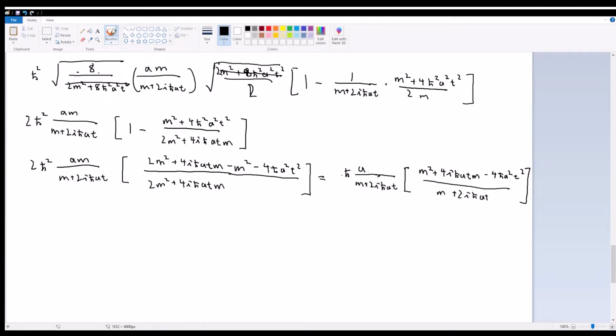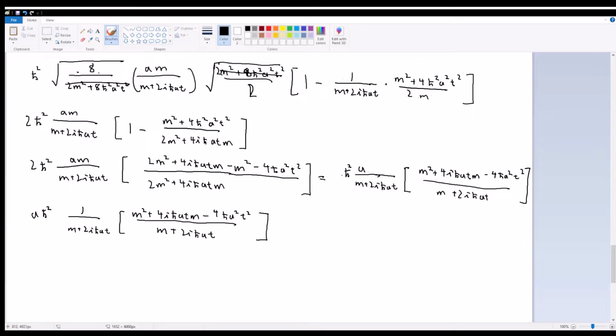Also, I just realized I left out a squared on my h bar. Okay, so let's see. We have a h bar squared at the front, and then we have 1 over m plus 2i h bar a t multiplied by m squared plus 4i h bar a t m minus 4 h bar a squared t squared over m plus 2i h bar a t.